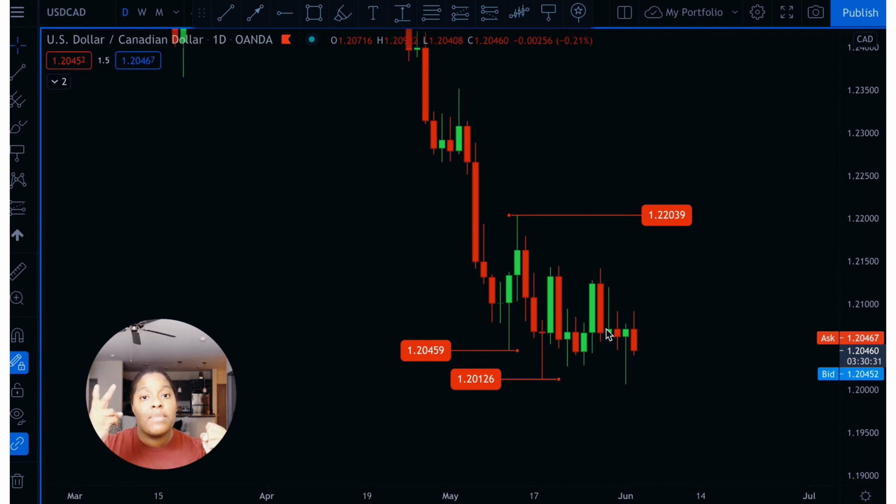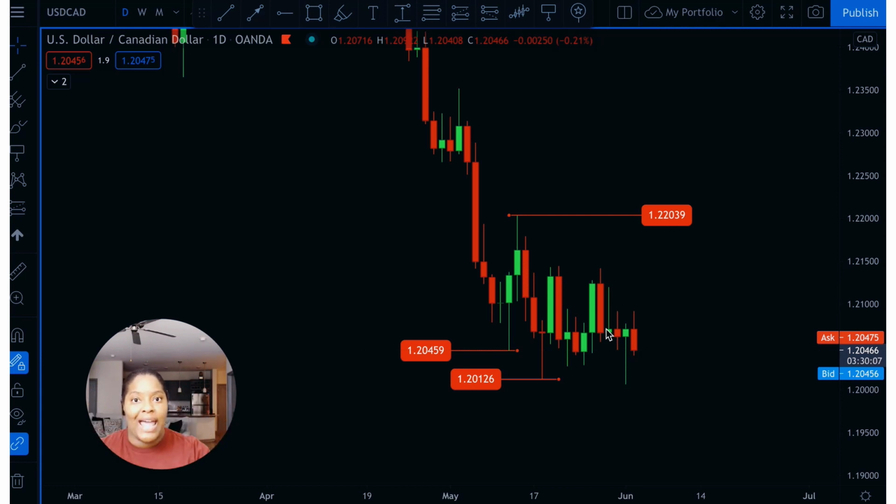The word pair means two. Base means first. And then you have the quote currency, which is the second currency of the currency pair. So it looks like this: your base versus your quote. And this is for any currency pair. It works the same. The base always equals the number 1, and the quote always equals the exchange rate.